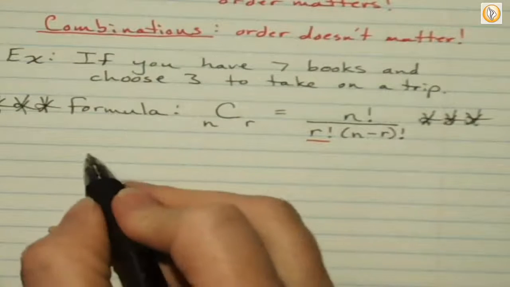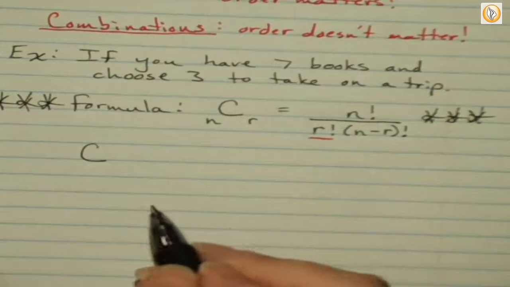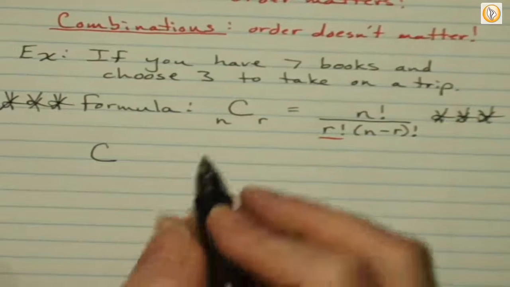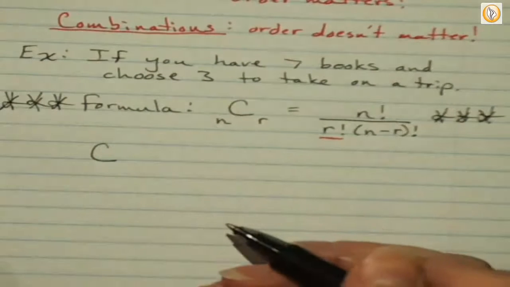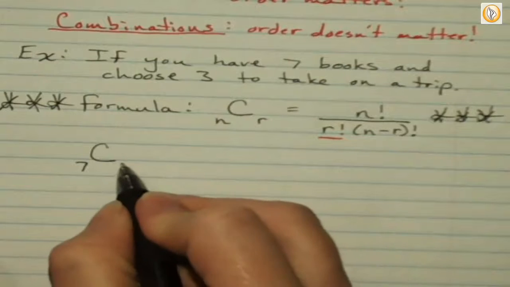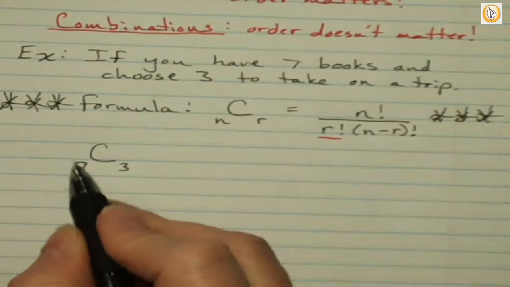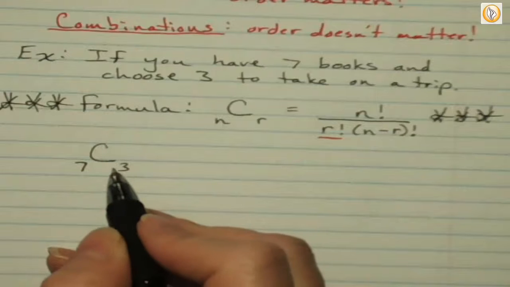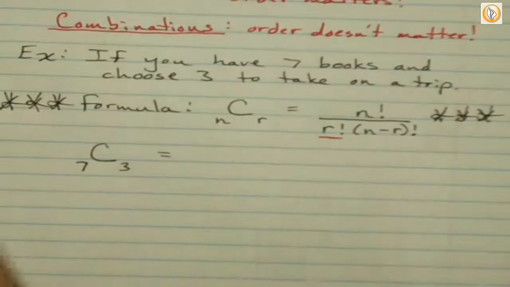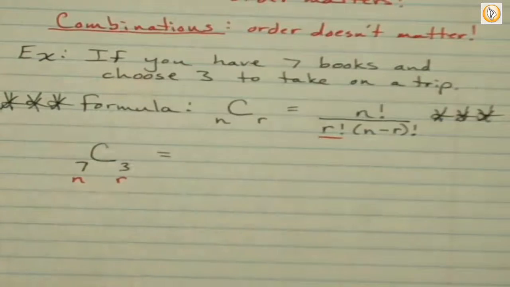If you have 7 books and choose 3 to take on a trip. So, which is N, Joseph? 7. That's right. And 3 books. So your total that you're choosing from is always going to be your N first, and then whatever the specific number is, your R. And remember what I told y'all, go ahead and put the N and the R underneath so it'll help.